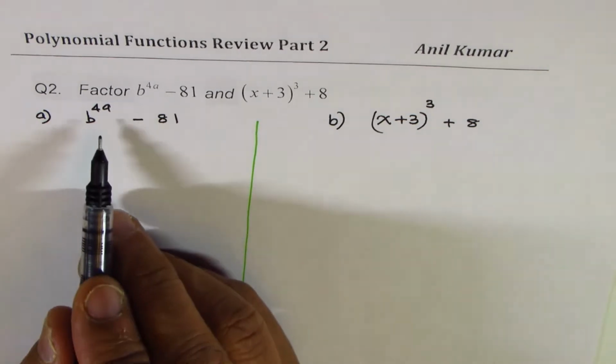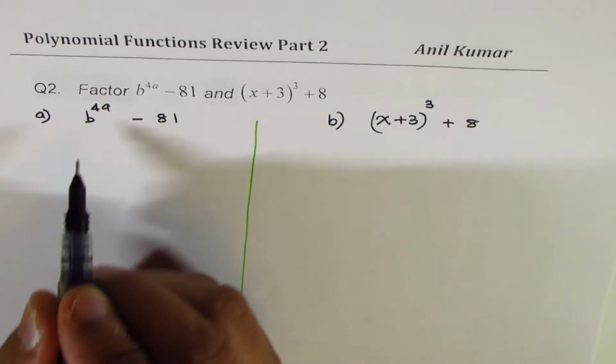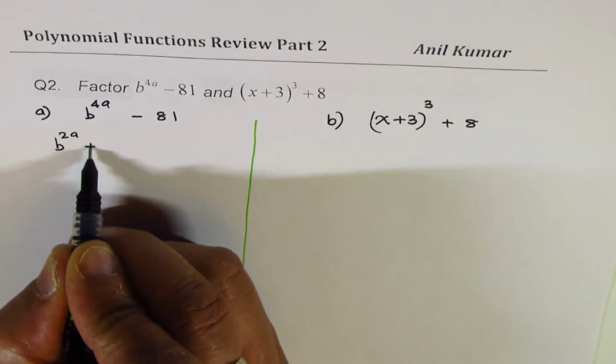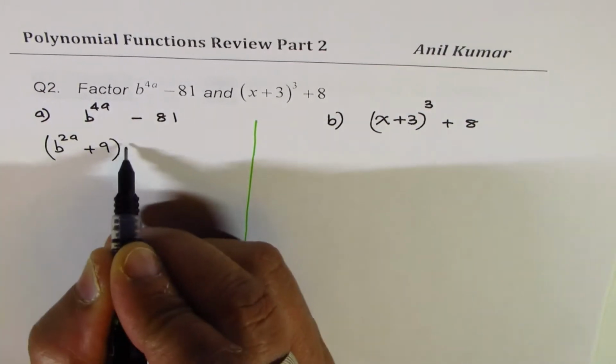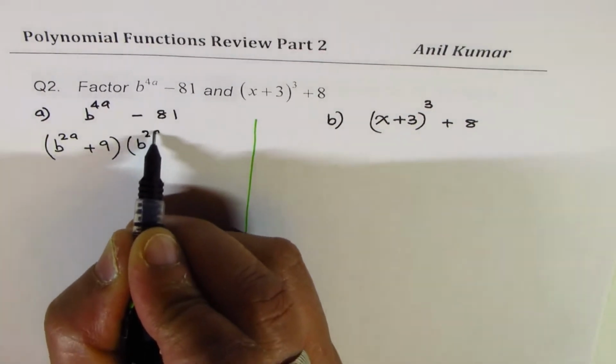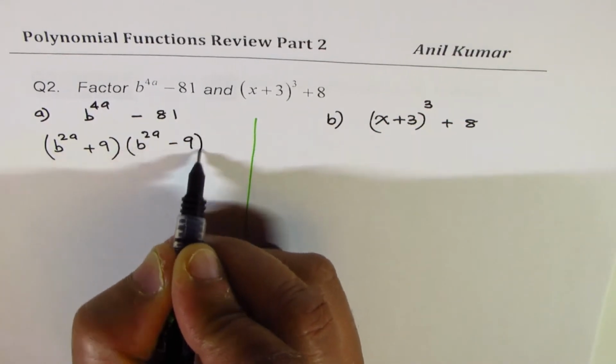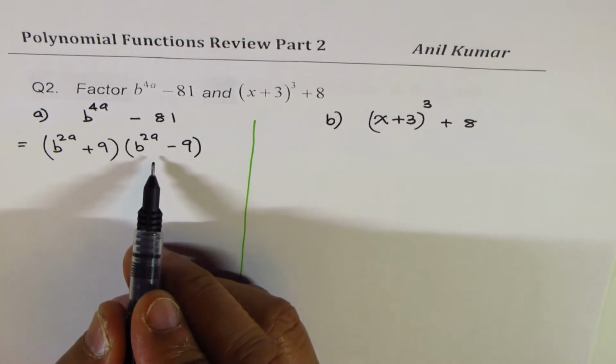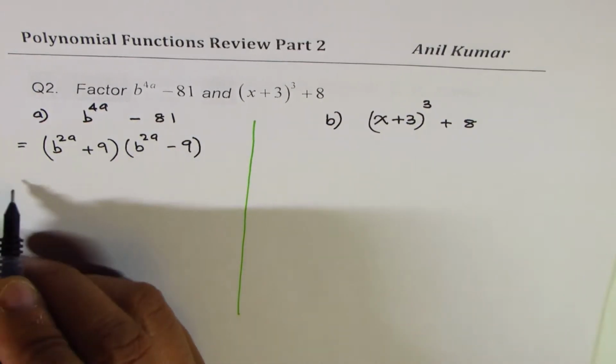Now here we can do difference of squares. We could write this as b to the power of 2a plus 9 times b to the power of 2a minus 9, right? Difference of squares. Now, b to the power of 2a minus 9 can be further factored.